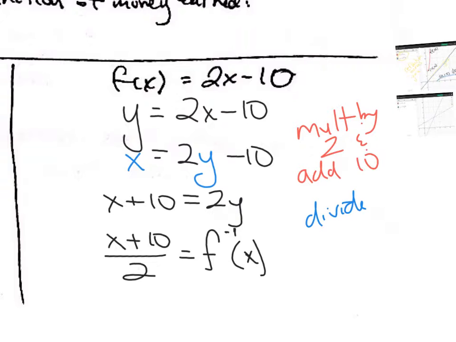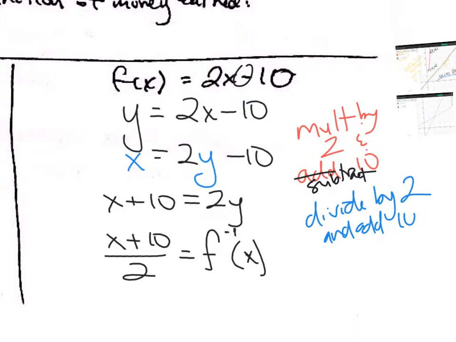Instead of multiplying by 2, I'm going to divide by 2. Did I say add? You know what I meant. Subtract. I was jumping ahead of myself. I divide by 2, and the opposite of subtract is add. And add 10. So we're adding 10, and we're dividing that all by 2.